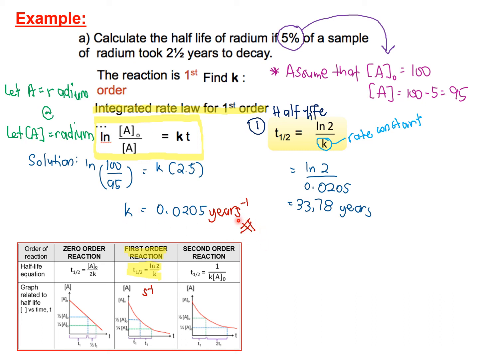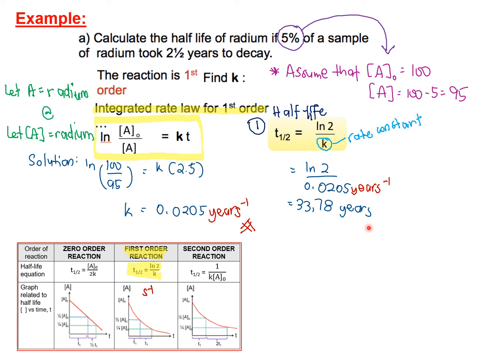Okay, and then next, bila you dah figure out the rate constant, barulah you boleh cari half-life. So untuk cari half-life of the first order reaction, it's gonna be natural log 2 bahagikan dengan your rate constant, which is 0.0205 per years. Okay, sebab you bahagikan benda ni, so daripada ni atas dia jadi years lah.